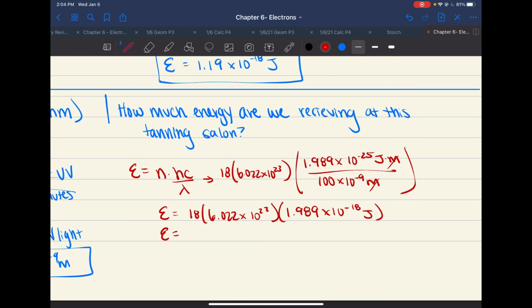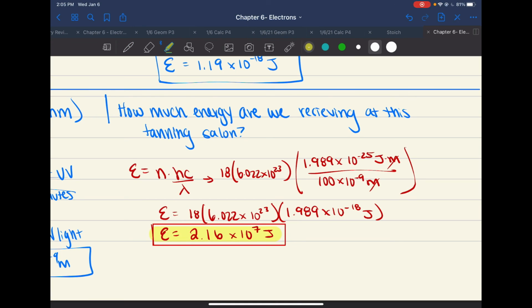And we get a very large number. I'm going to put it in scientific notation: 2.16 times 10 to the 7th joules of energy. Now that is real energy. This could actually do something.